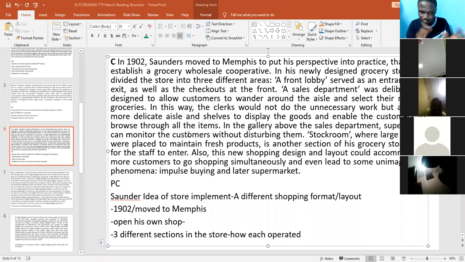He moved to open his own store, to implement his idea. Just notice it, and the subsequent sentence which will explain what the person meant. Please, the main idea is the key thing. Don't be too concerned about all the grammar and all the explanation they are trying to give. What you are targeting is what he is trying to explain, period. So that is the thing.